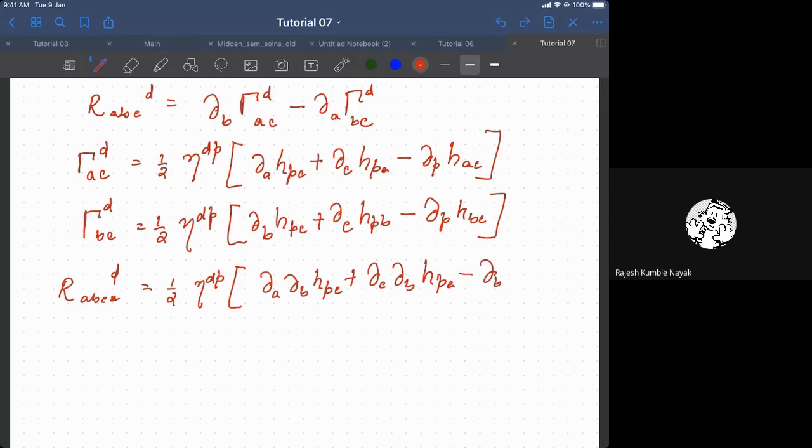You could have used the shorthand notation. Okay, one more term, minus half eta^DP into d_B d_A h_PC.